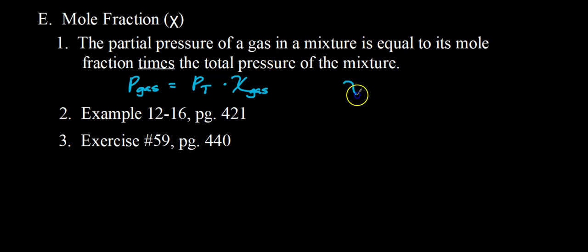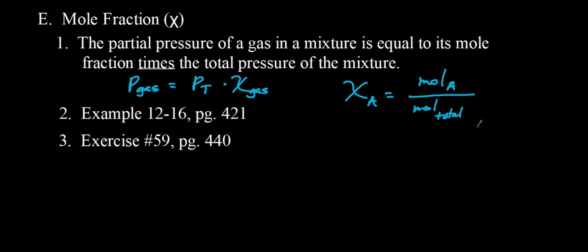So let's go ahead and write an equation to calculate mole fraction. Mole fraction is kind of like a percent, except we don't multiply it by 100, we leave it as a decimal. So I'm going to say the mole fraction of gas A we find by taking moles of gas A and dividing it by the total moles. So it's kind of part over whole. Leave it as that. Don't multiply it by 100. Essentially it's the same thing as percent though.